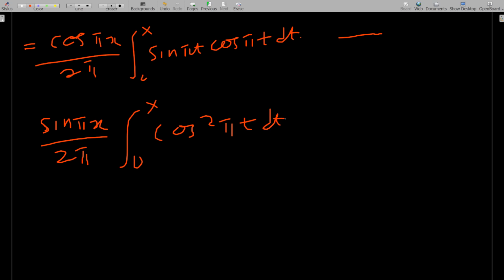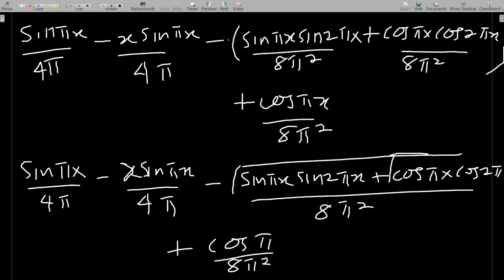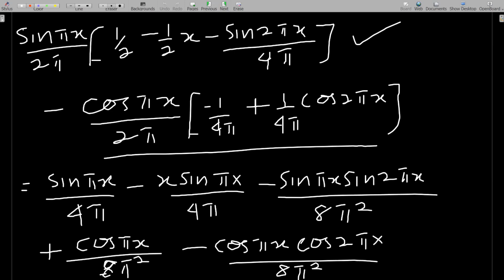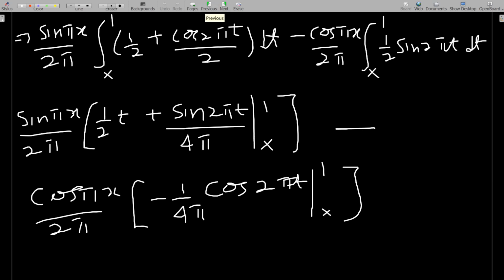Okay, so this means we have cos pi x over 2 pi. Then the integral of this, it gave us what? Let's go back and check. That integral, where is it? This part is the part that was giving us sine pi t cos pi t, and it gave us this, and its integral gave us this one.